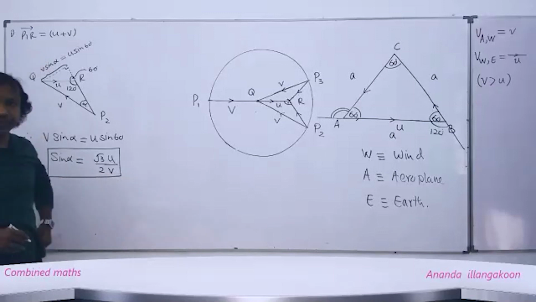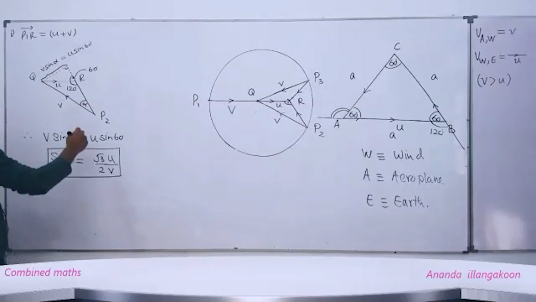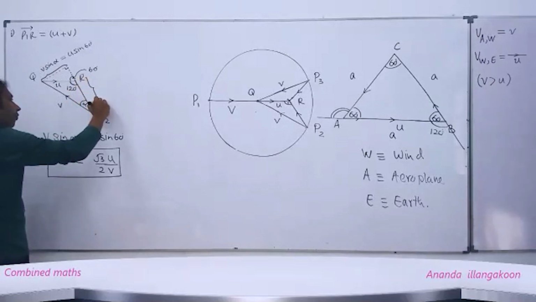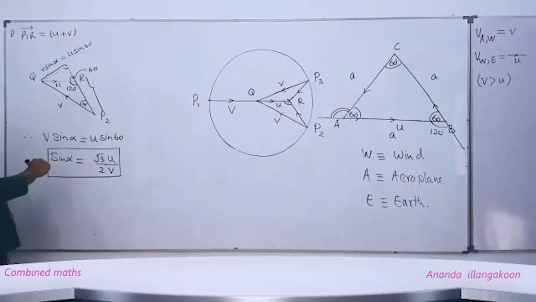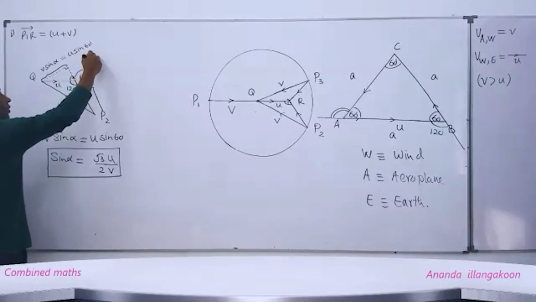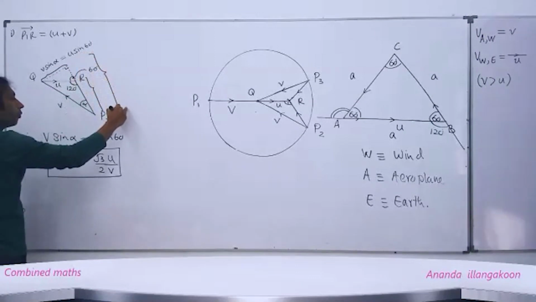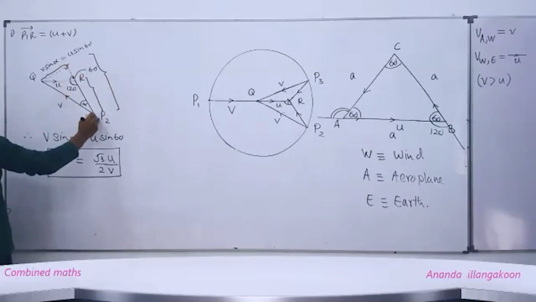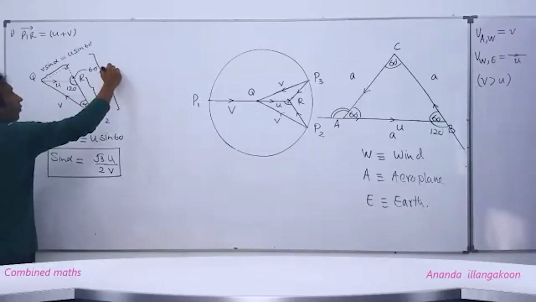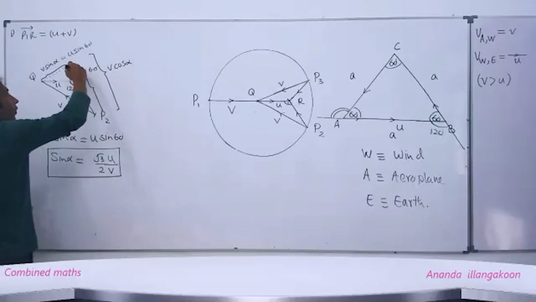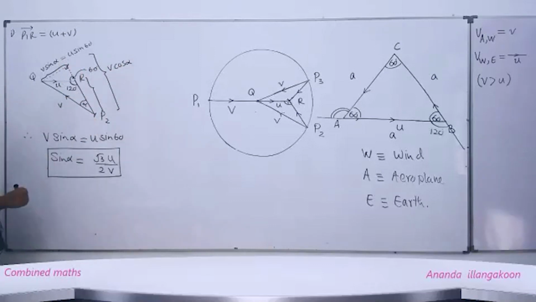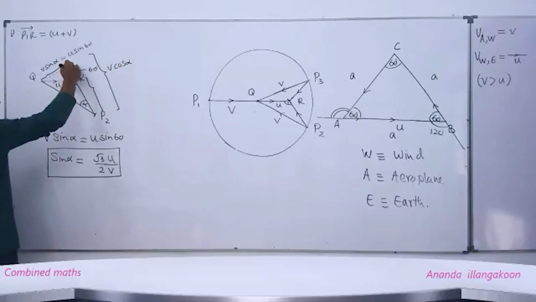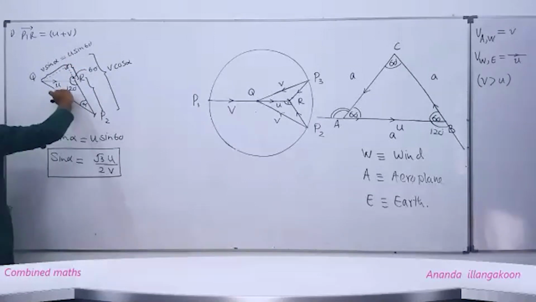This way, then you can write P2R. What is this P2R? What is the whole length? Whole length means from here to here, right? V cos alpha. The whole length from here to here. From that, we'll subtract this length, U cos 60.